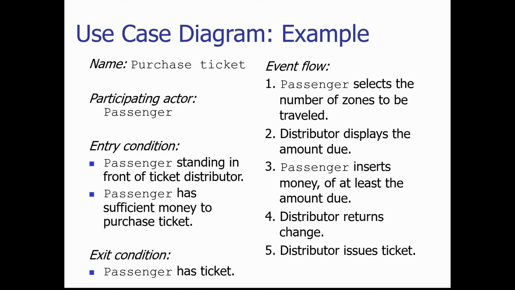So you can think of a lot of exceptions that can happen here. And what if the passenger inserts money and this money cannot be recognized, like when inserting coins, when inserting quarters, if the quarter is too old, the distributor cannot recognize it, and what should be done? So you see, for each step, there are some exceptions that can happen, but we don't include them in the use case here. And then how can we model the exceptions?